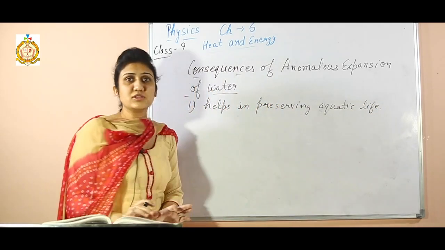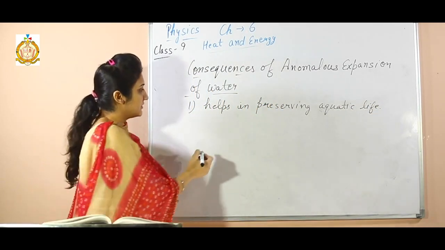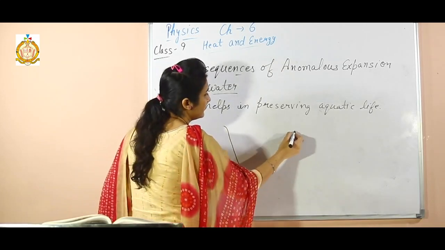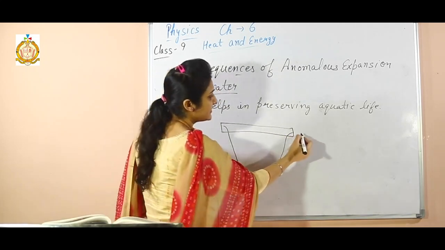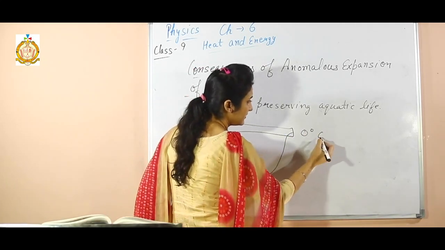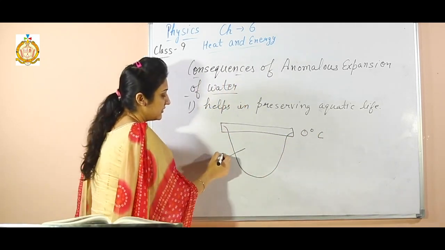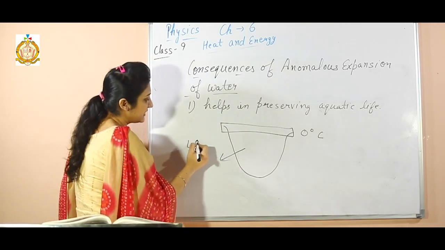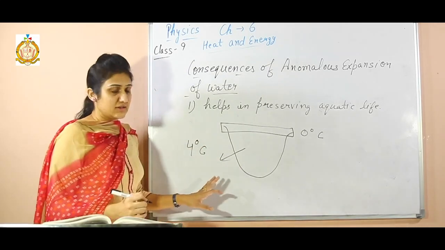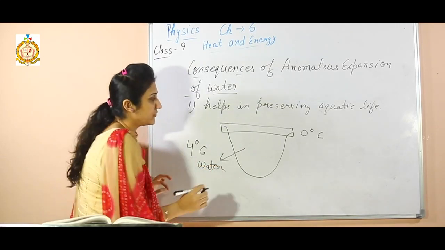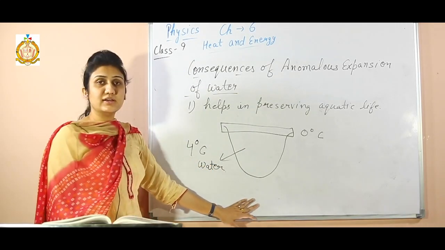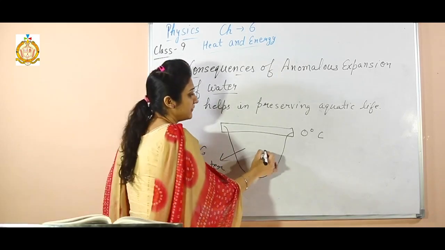How? Because in the lakes, even if the water at the top layer freezes at 0 degrees Celsius, then the water with maximum density of 4 degrees Celsius is here, that is at the bottom of the lake, and the aquatic animals can survive.